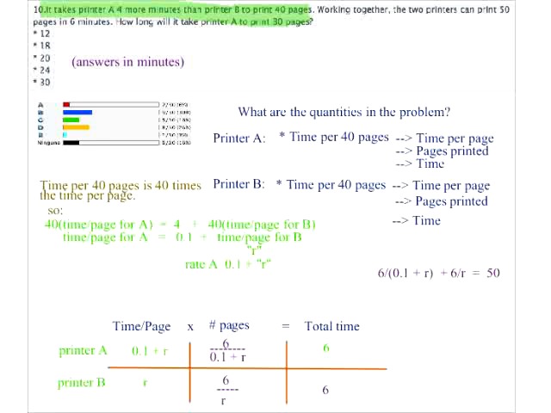What you can do is multiply both sides by the product of those two things. This is not an official problem, by the way, but there's still a very nice way to solve this. We'll look at that in a second. But if you do that, you get 6R plus 6 times 0.1 plus R equals 50R times 0.1 plus R. So it looks like it's going to be this ugly quadratic.